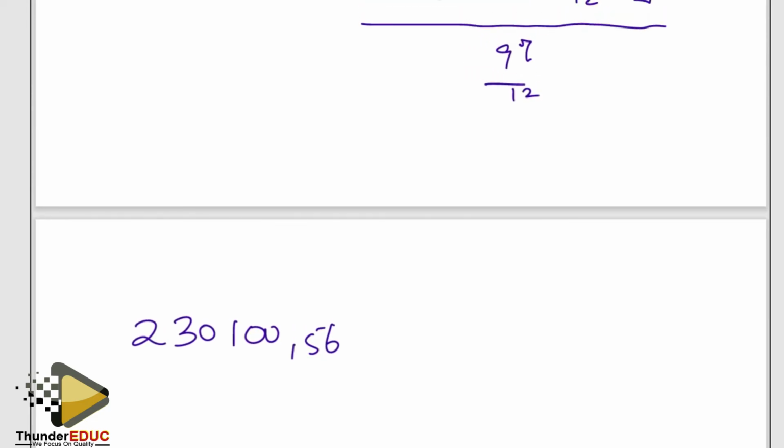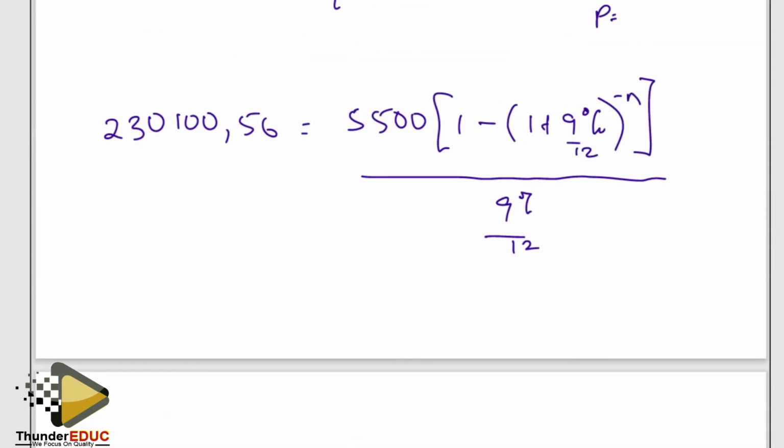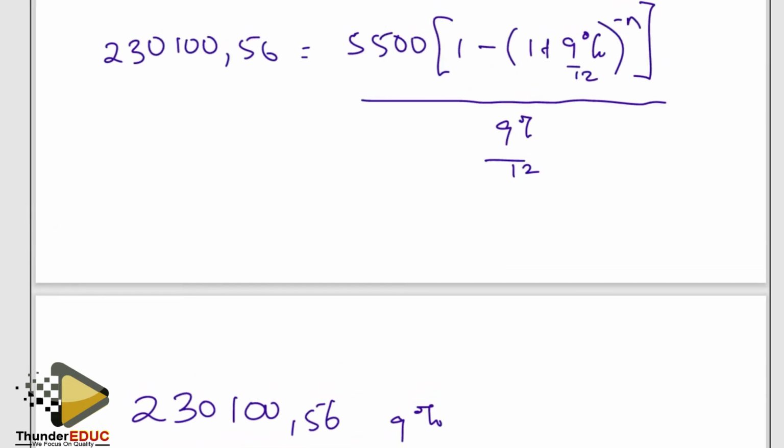Okay, so that's going to be 230,100.56. It's fine. I'll divide by 5.5 and then I multiply by 9% over 12. It's the same thing, eh? So this must give us, or you want us to subtract 1 straight away.